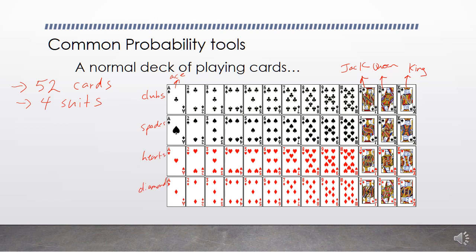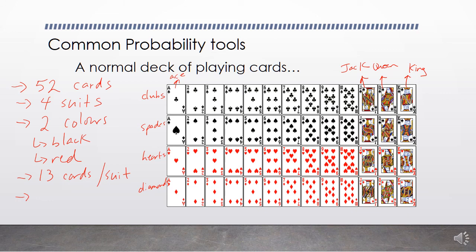These are diamonds. Make sure you know that. There are 2 colors, black and red. How many cards are in each suit? There are 13 cards in each suit. So 13 cards per suit.